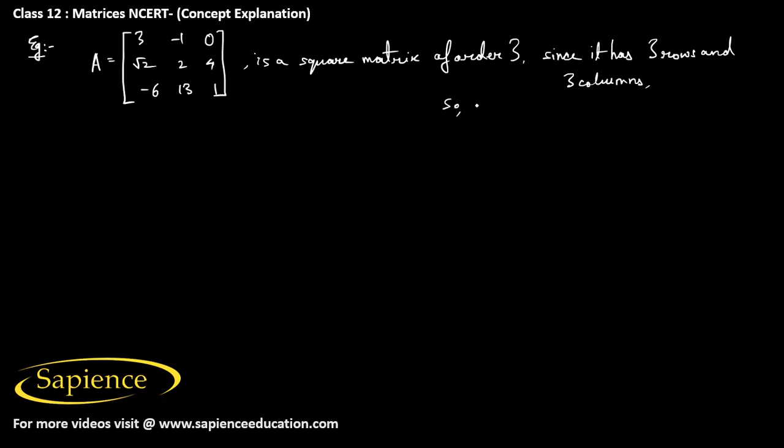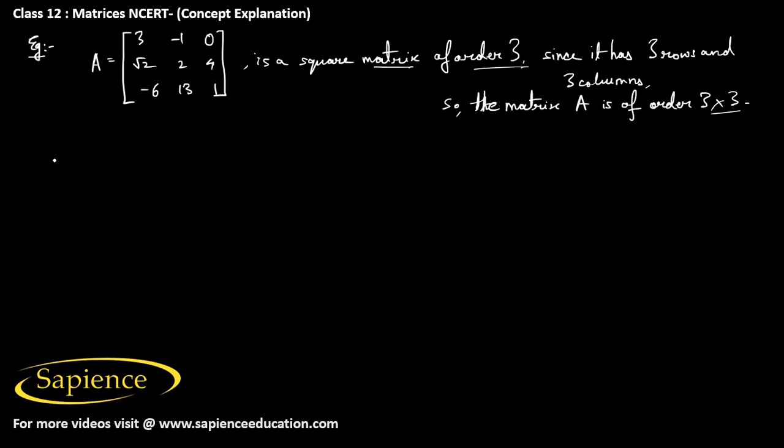We can say that the matrix A is of the order 3 cross 3, or it is a square matrix of order 3.